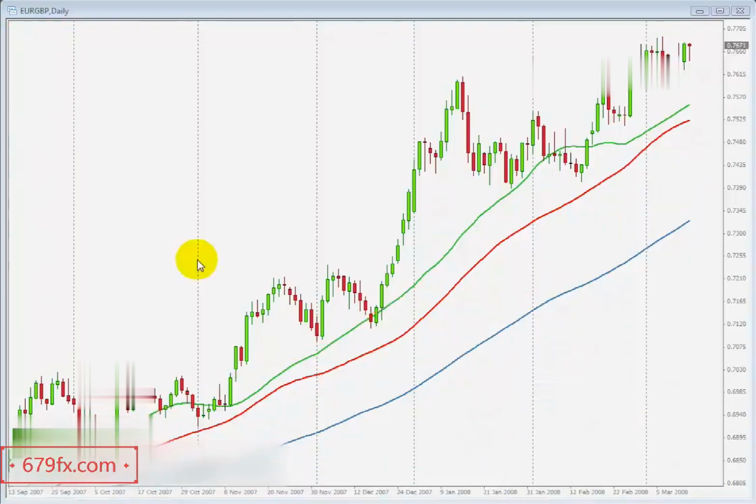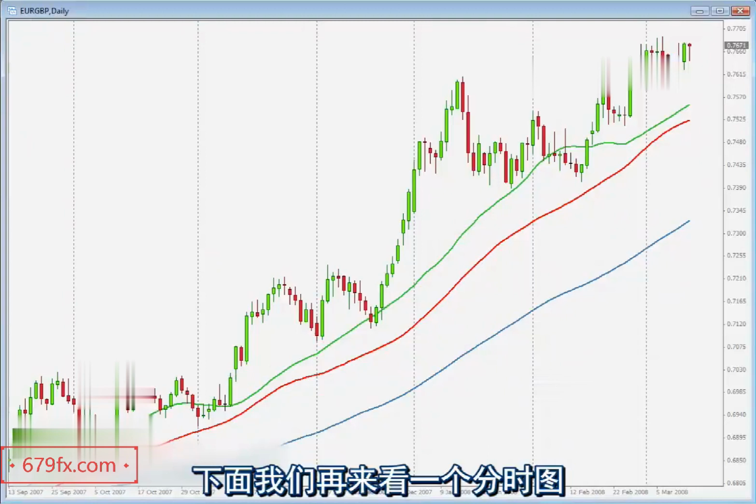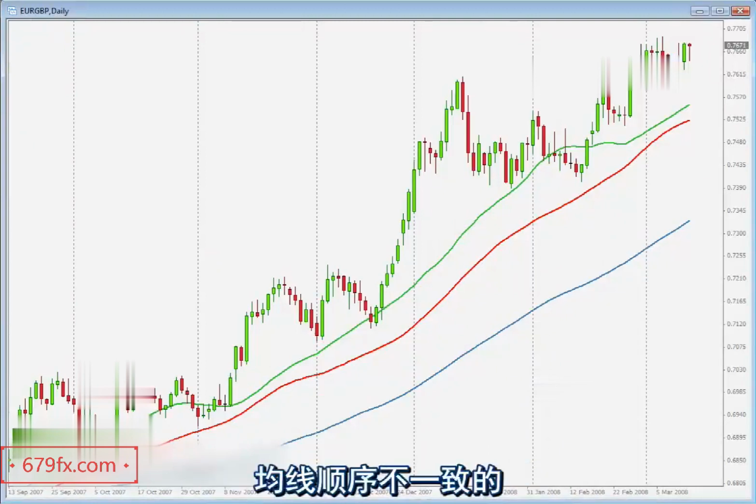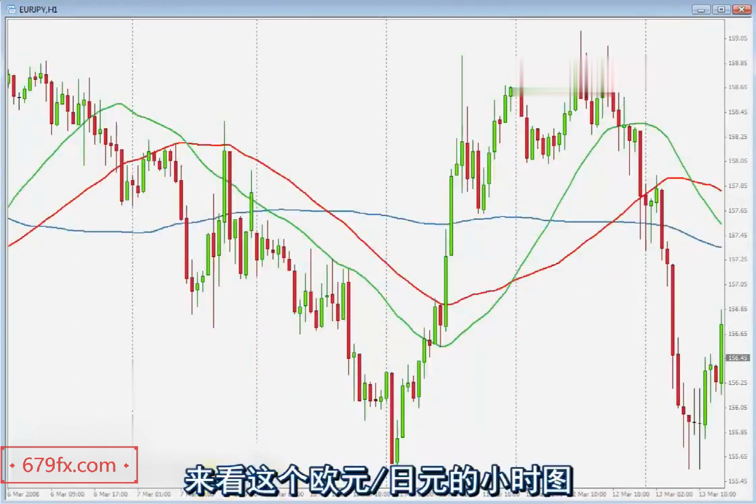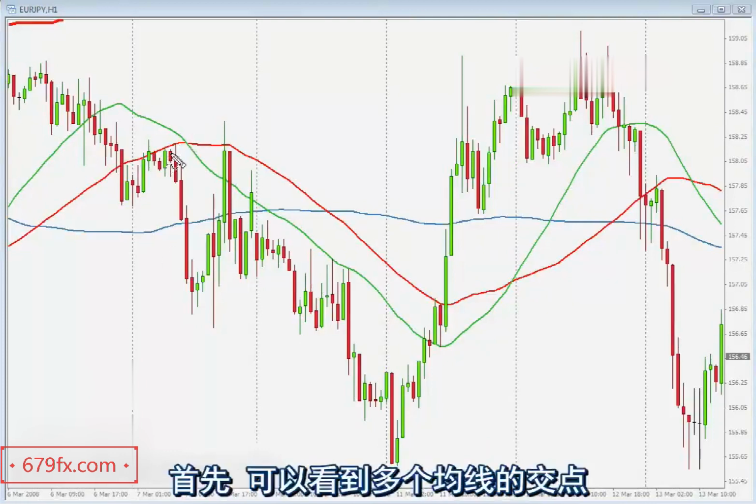In fact, let me show you another chart where the moving averages are basically not falling in order, not pointing in the same direction, etc. In this case, it is the euro against the Japanese yen on the 1 hour time frame. As you can see, first of all, we have plenty of moving average crossovers.